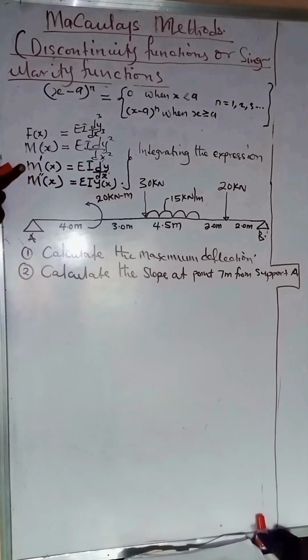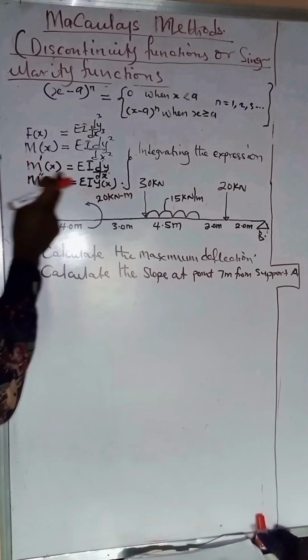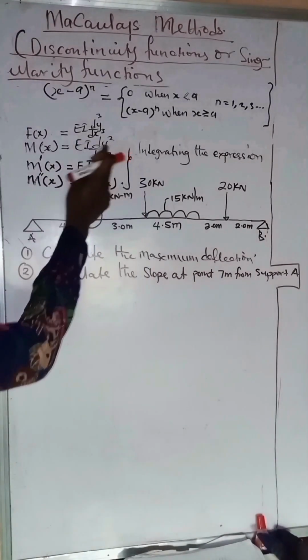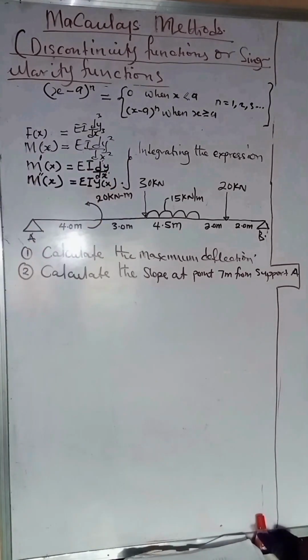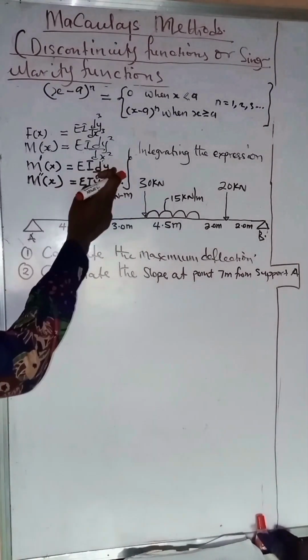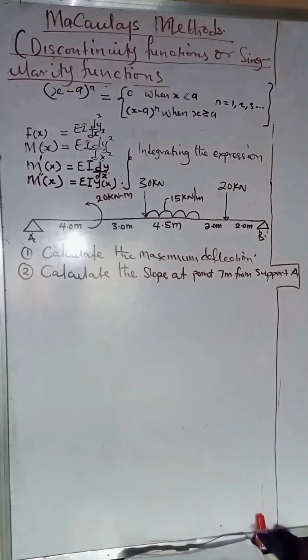Now, when you look at the other side of it, when you integrate this, let's call it M, you have M prime, which is a function of x. Now this M prime, when you integrate this other part of it, you are going to have EI dy dx. Of course, we know that dy dx represents slope, meaning this is our slope. So this integral gives us what? The slope expression of the beam.